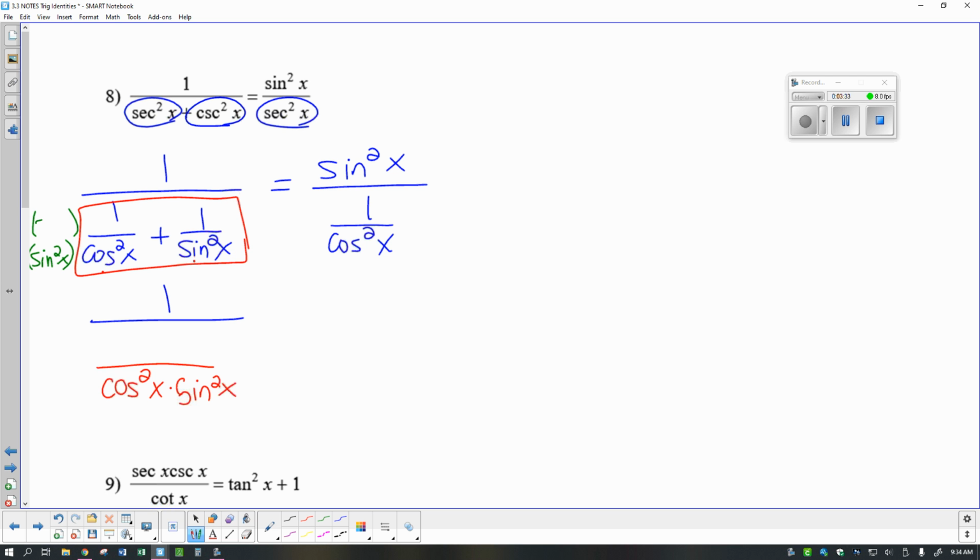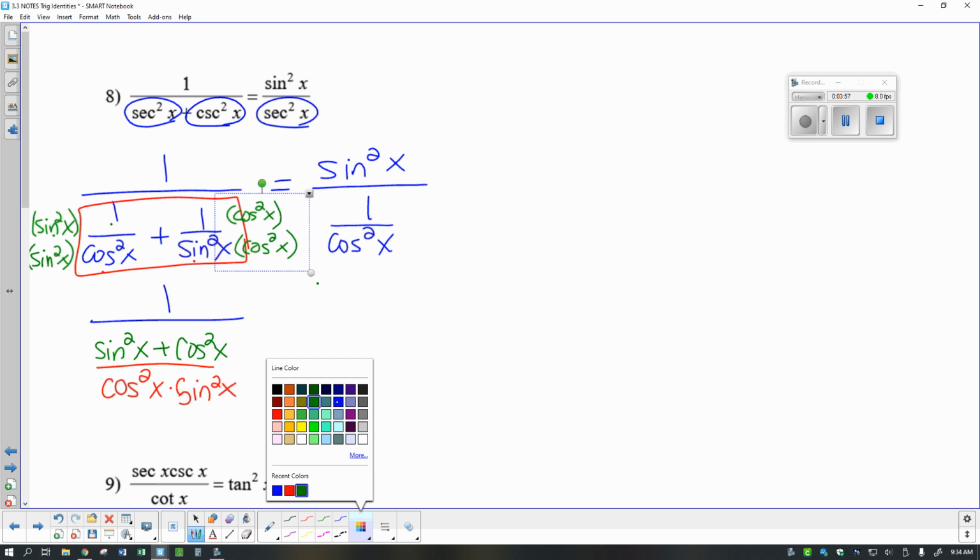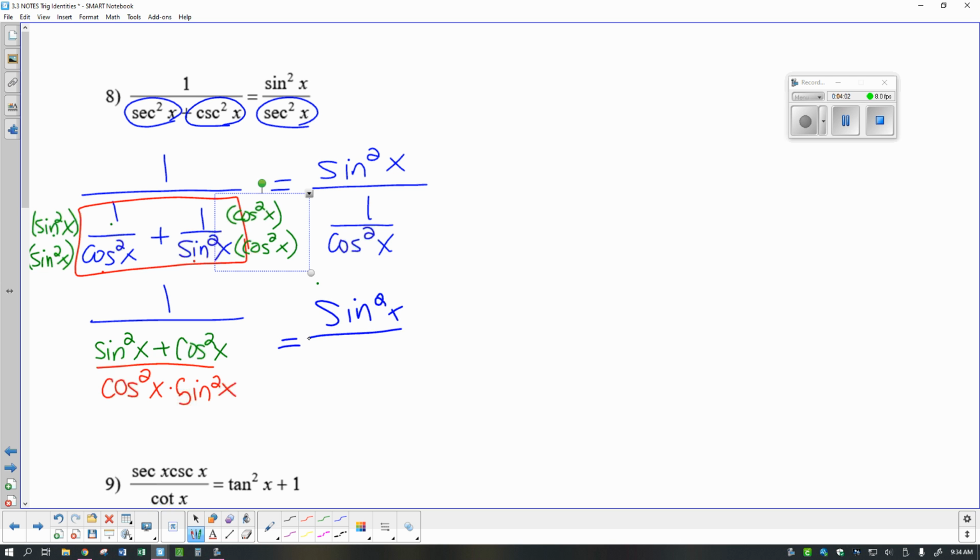So I got to multiply that on the top. Again, because we're trying to put these two together. So sine squared times 1 is sine squared x. Then I've got a plus sign. And this one I had to multiply by cosine squared x. So I have plus cosine squared x. I'm also going to leave the right-hand side as it is for right now, and we'll kind of work that as we go to see if we can adjust something in the end to make them similar.